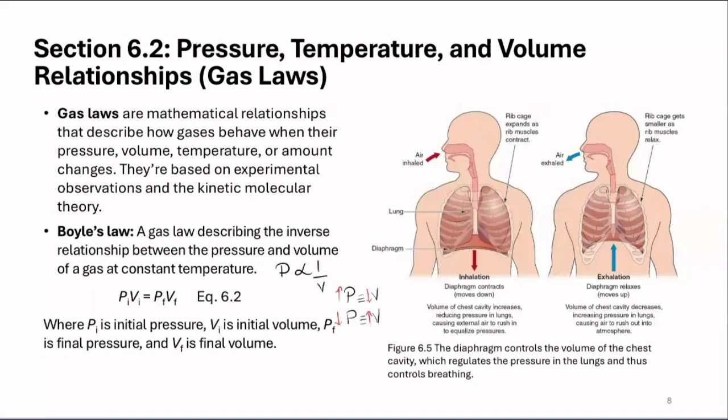One of the main applications for Boyle's law is how the human body takes in air when breathing. Also, during exhalation, we can see Boyle's law at work. Let's explore it by looking specifically at the diagram in figure 6.5.